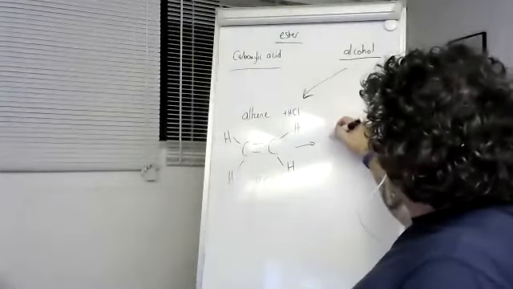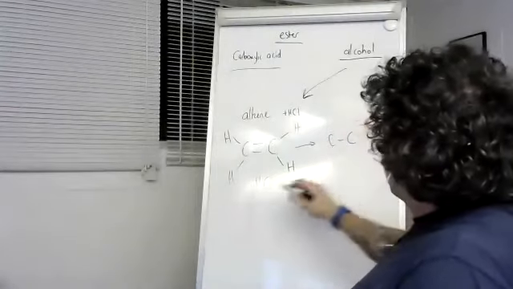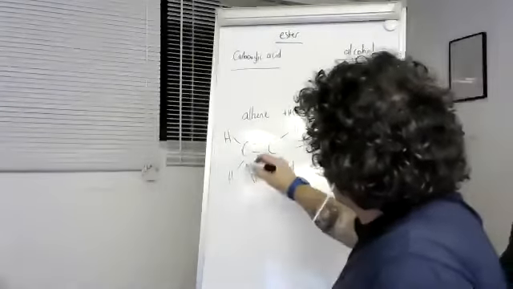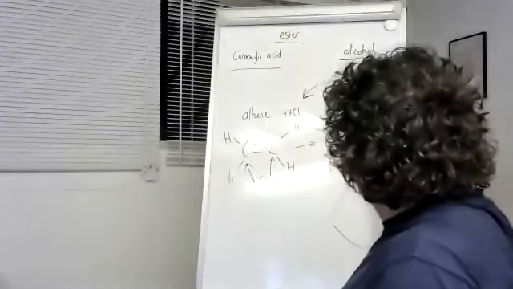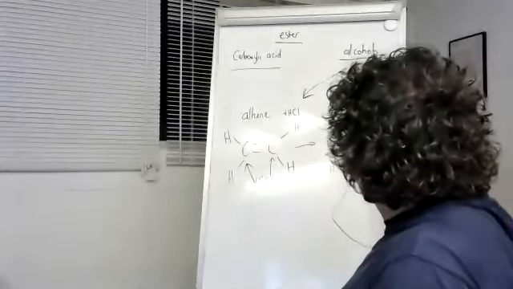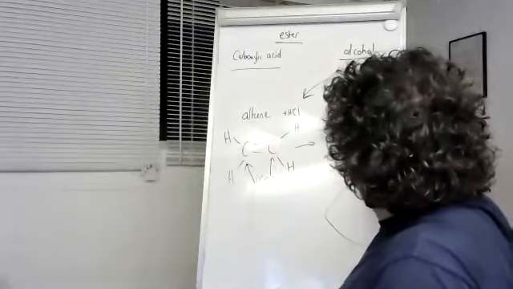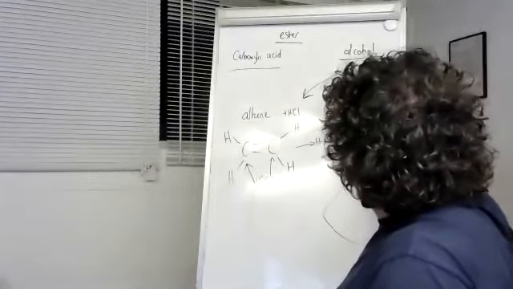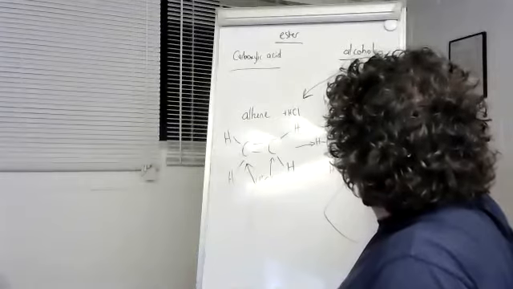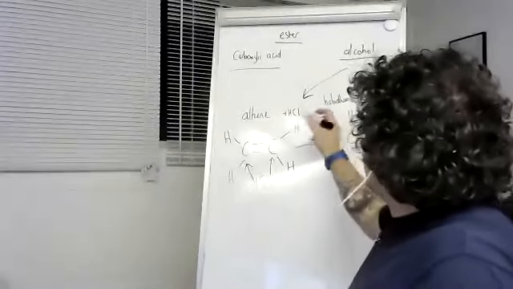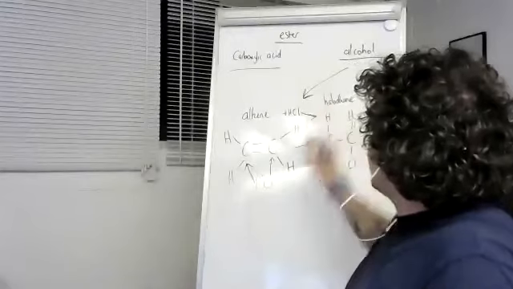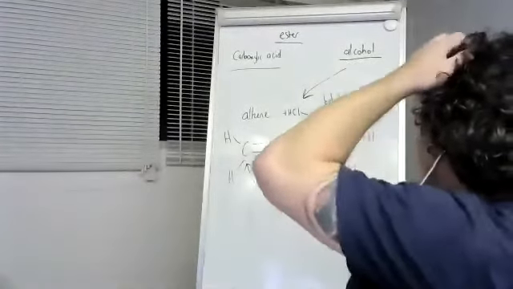And now we have hydrogen goes there, chlorine goes there. Now we have a haloalkane. So alkene plus HCl gives us a haloalkane.